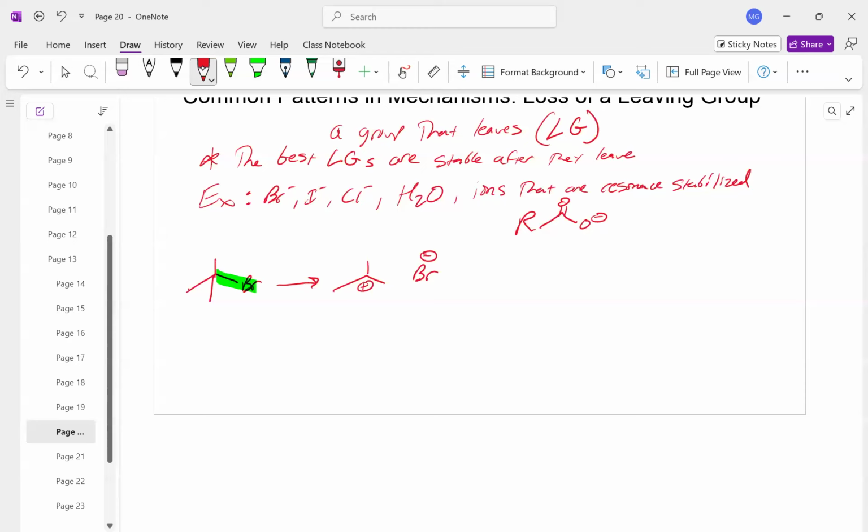So how do I demonstrate that mechanistically? The way I break a bond is I start at the bond and I move the electrons towards the bromine. And this is an example of a leaving group leaving. I could have gotten really generic here and just used Lg, and that fits right into this template.